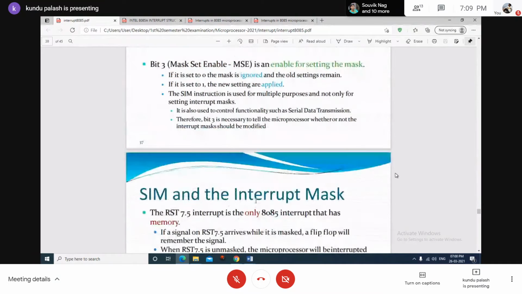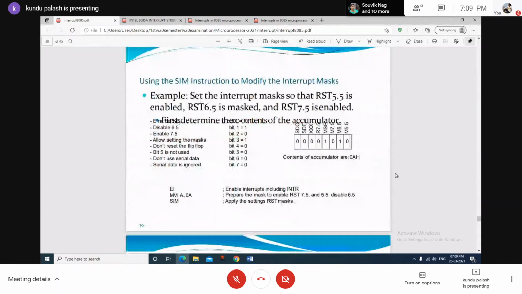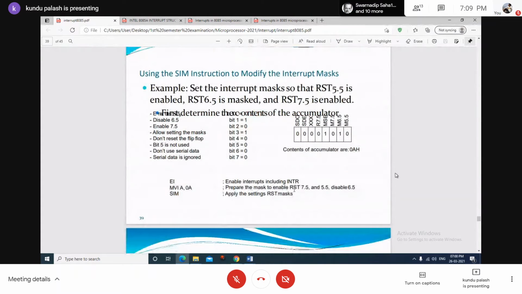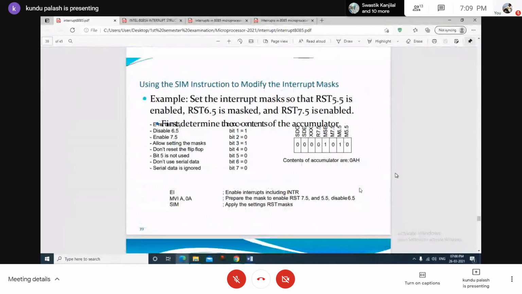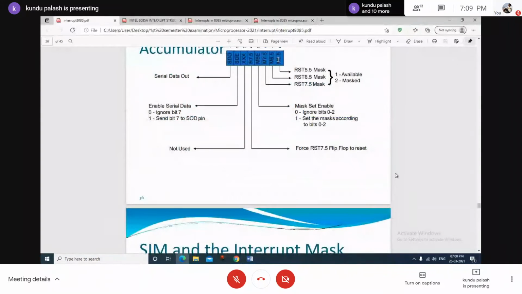But 0A means prepare the masks to enable RST 7.5, 5.5, and disable 6.5. Why disable? If we notice, this bit is 1. What is the meaning of 1, and what is the meaning of 0? 0 means unmasked and 1 means masked.